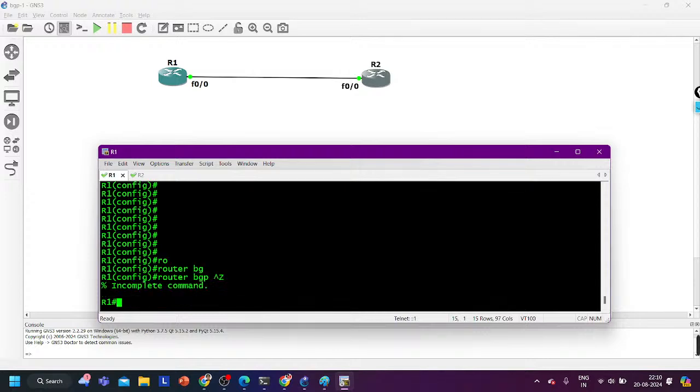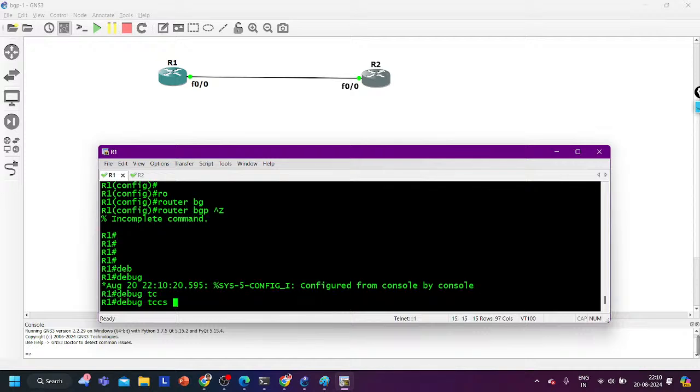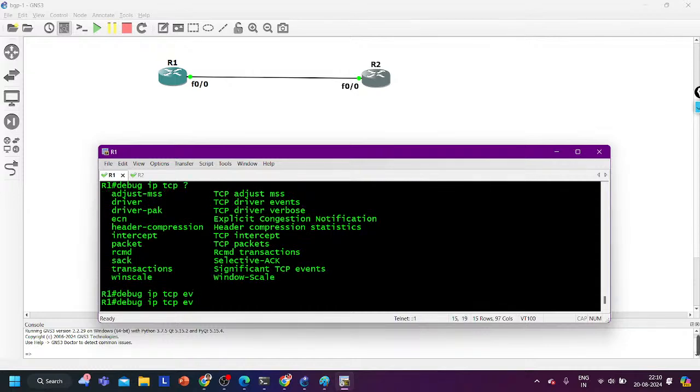Now router BGP, and before enabling BGP, let me debug IP TCP packet.